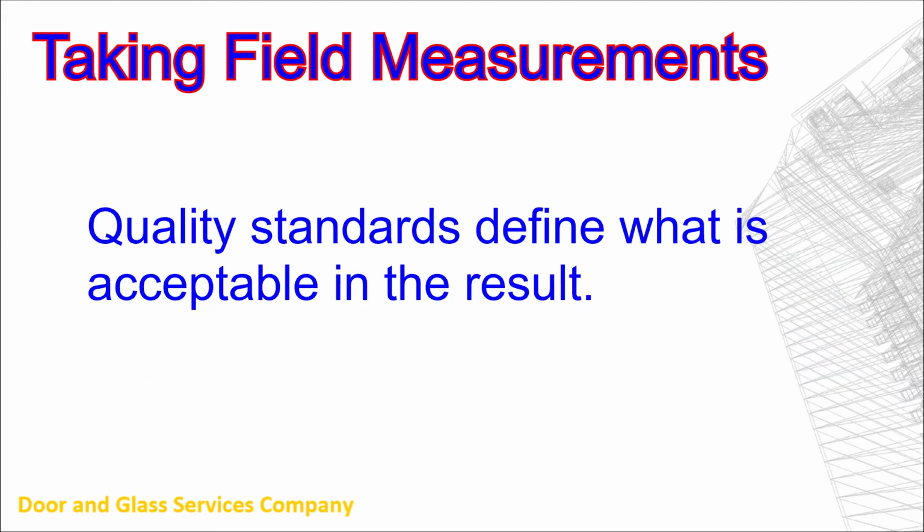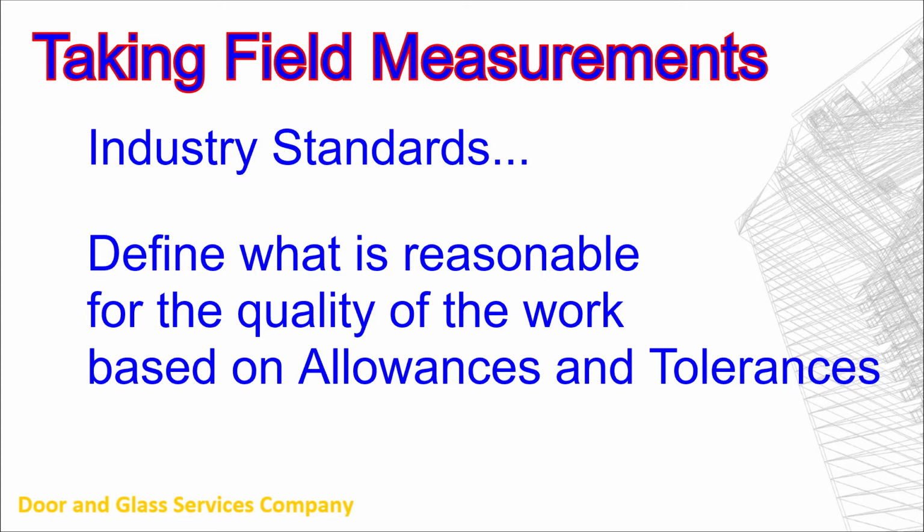And that's acceptable. It's not acceptable to have a larger space than that, but it's acceptable to have a 5/16 space between the glass and the tile. That's what industry standards are for. They're to allow us a standard for the quality of the work that's reasonable in consideration of the allowances and the tolerances afforded to that type of work.